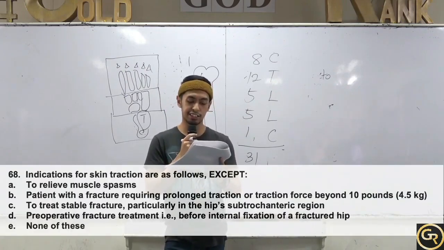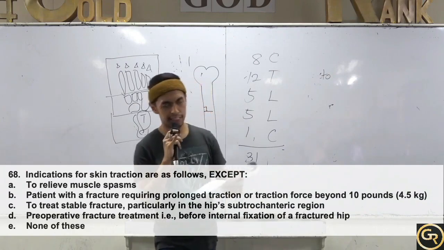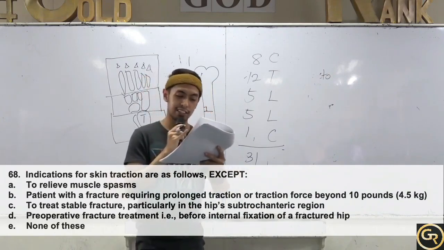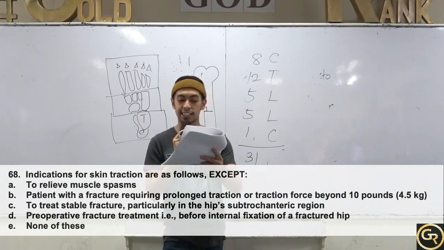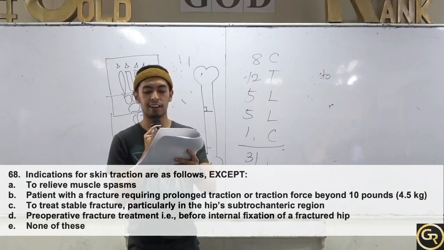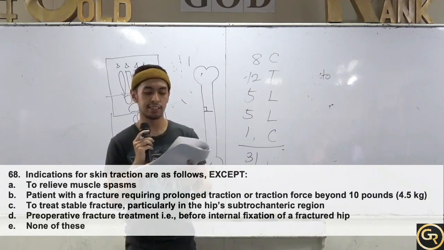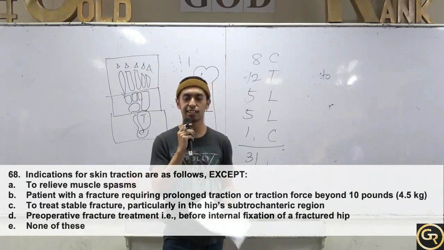68. Indications for skin traction are as follows, except: to relieve muscle spasms, yes. To treat stable fracture, particularly in the hip subtrochanteric region, yes, that's correct. Pre-operative fracture treatment before internal fixation of a fractured hip, that's also correct. Those are indications for skin traction.